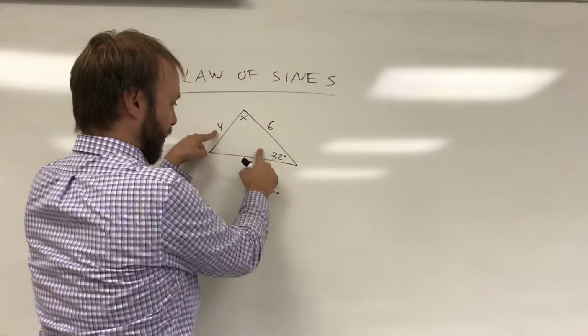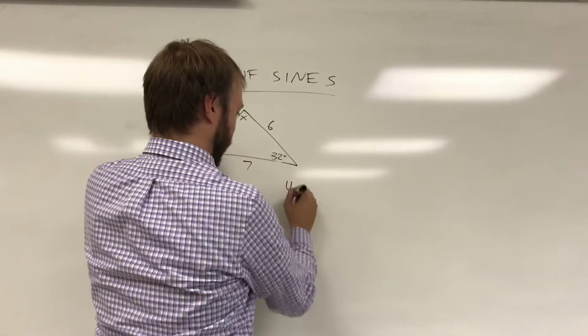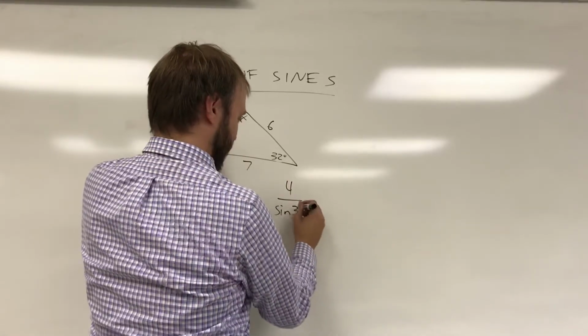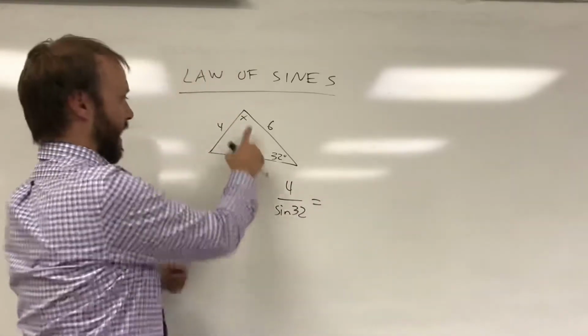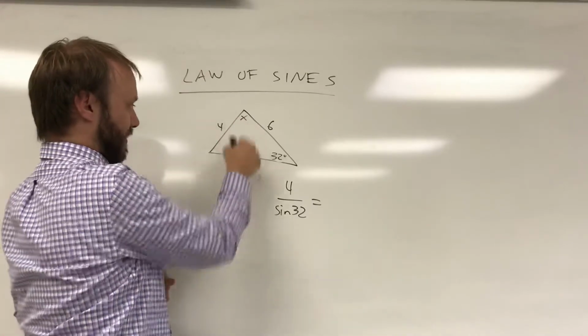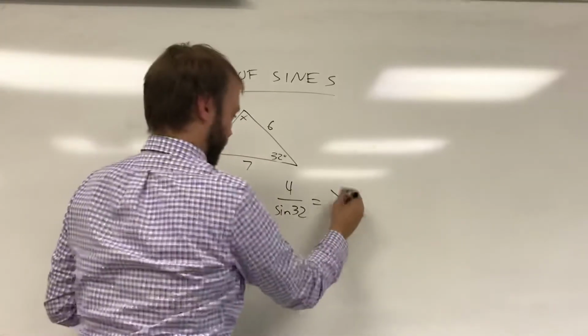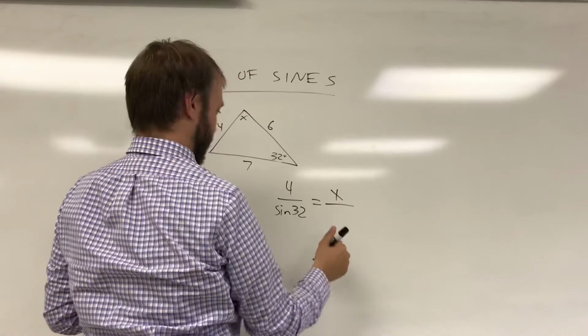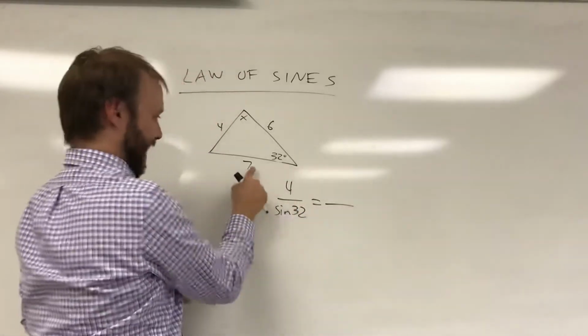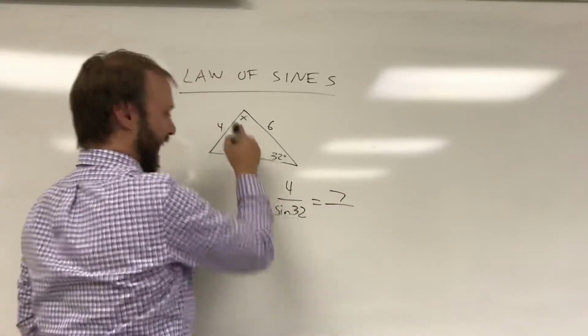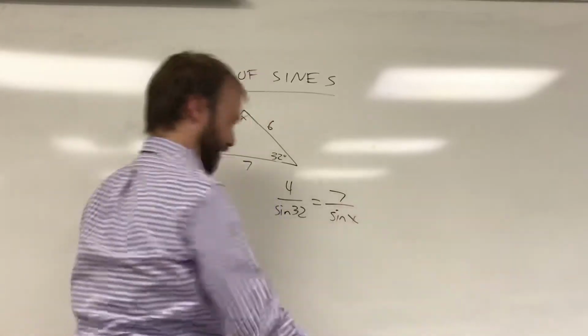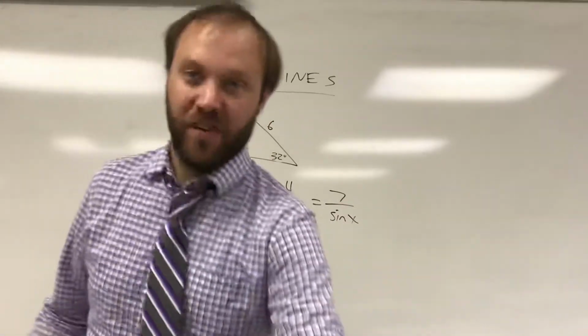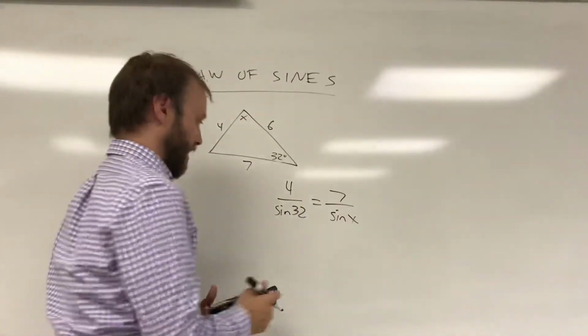So 4 and 32, those match up. So I can do 4 over the sine of 32 is equal to, and then I want this involved, so I have to have it with its opposite side. So is equal to, oh, I'm sorry, the side length is 7, over the sine of that x degree angle, okay? And again, you just cross multiply and solve, not terrible.